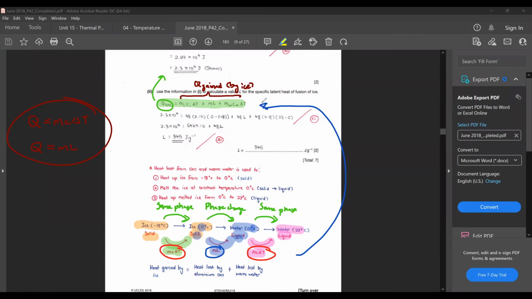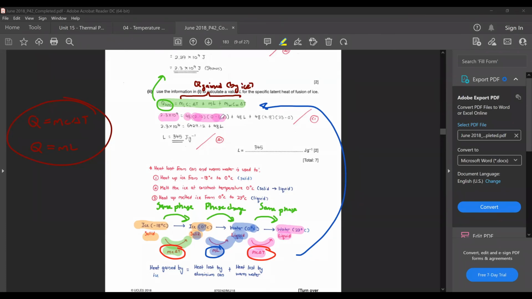From here, you just substitute your values. Your heat loss, originally you established it as 2.3 times 10 to the power of minus 4. And then what was the heat gained by the ice? It will be mass of ice times specific heat capacity of ice times the temperature difference. Same thing as before. I mentioned to you, just take the difference in the temperature.